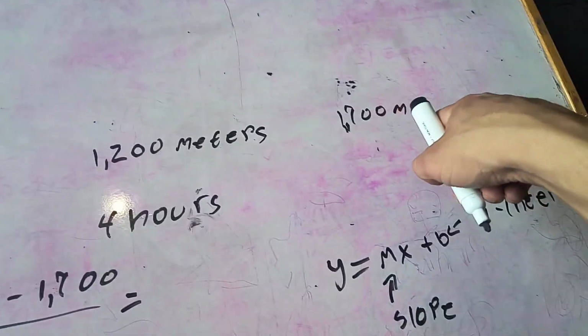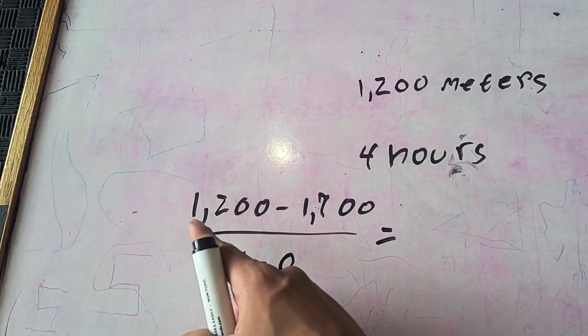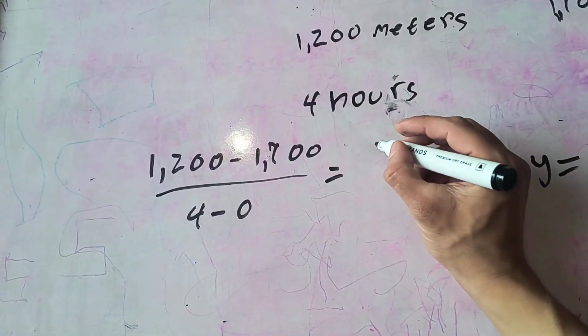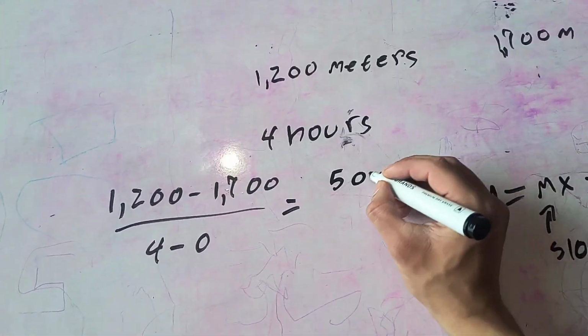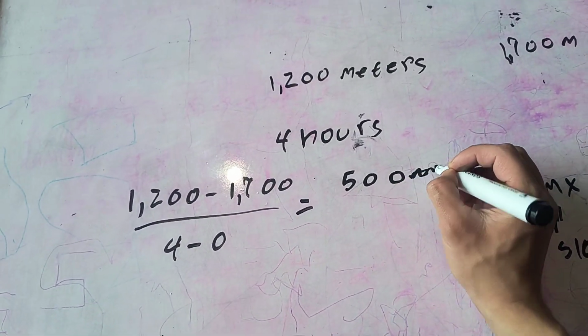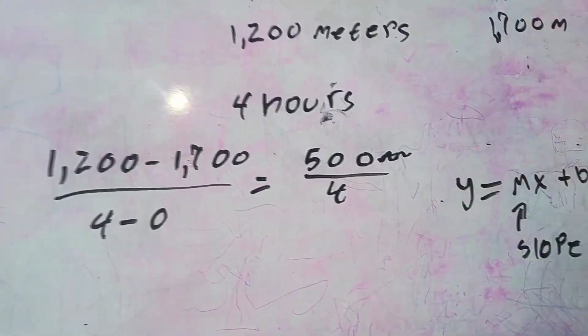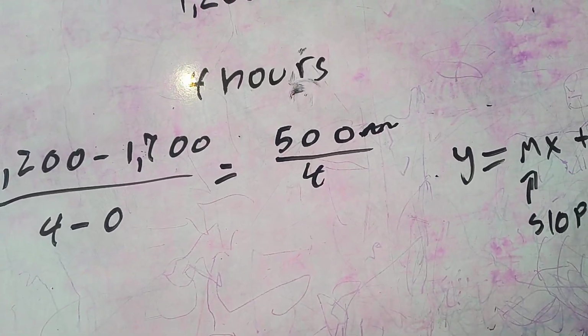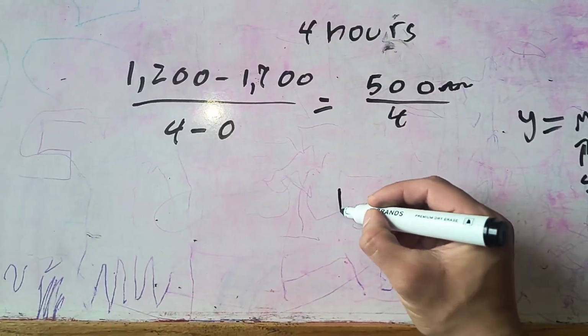Wait, sorry, it would be 1,700 minus 1,200 because this came after, which is 500 meters over 4 hours, which is 125.